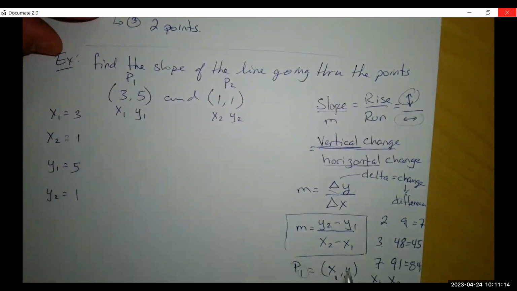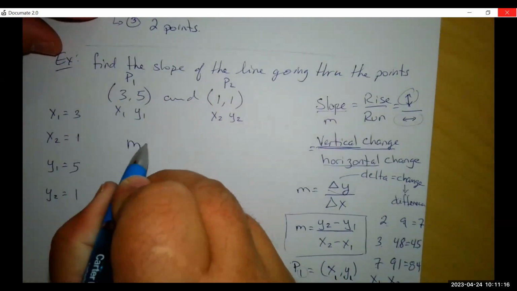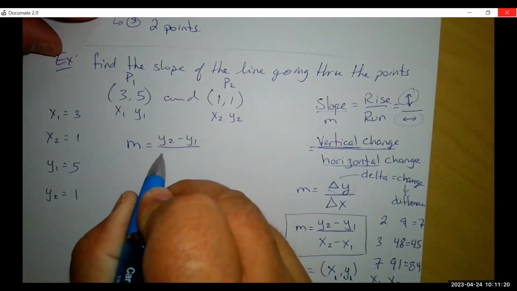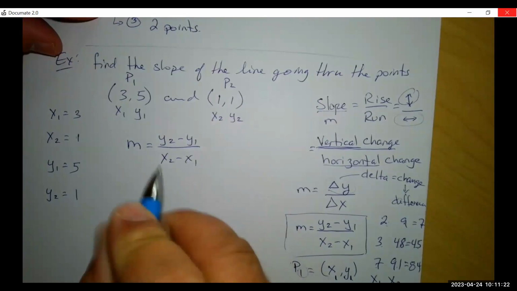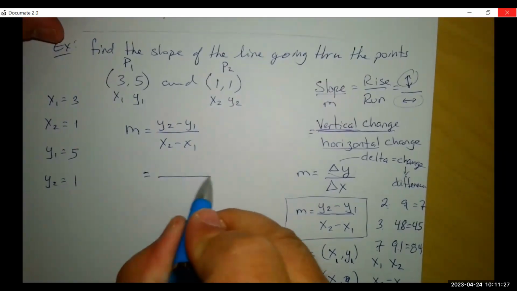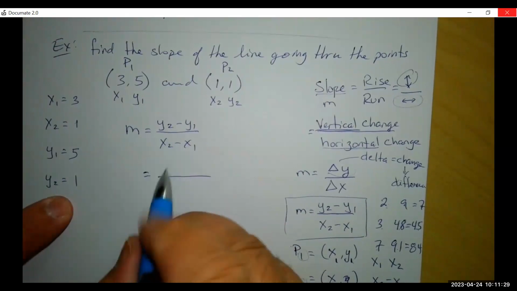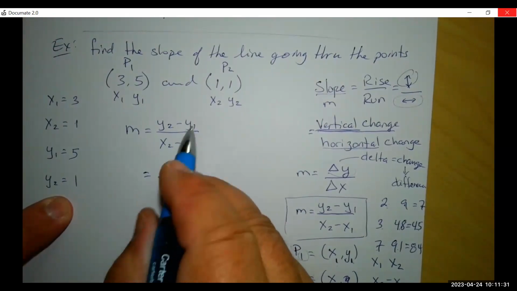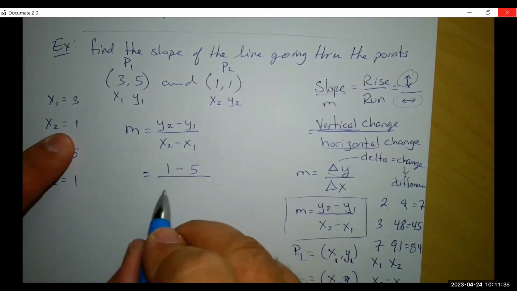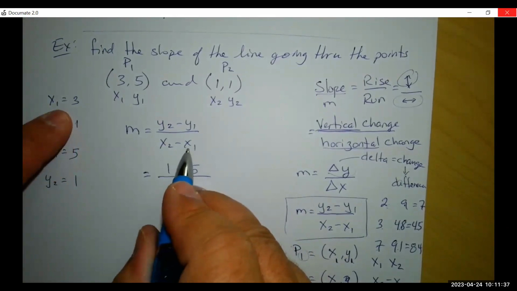Now that you have this and you have your slope equation, all you have to do is plug and play. y2 is 1. y1 is 5. x2 is 1. x1 is 3.